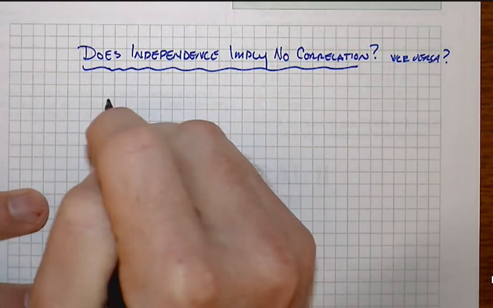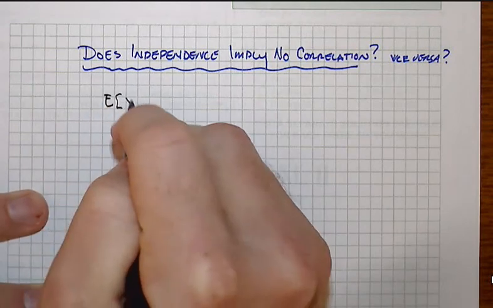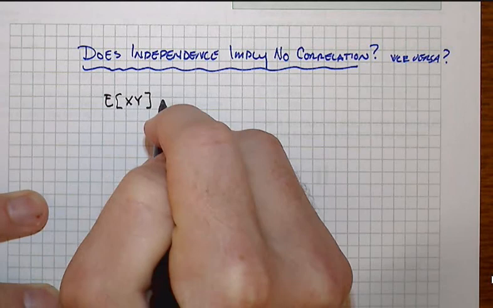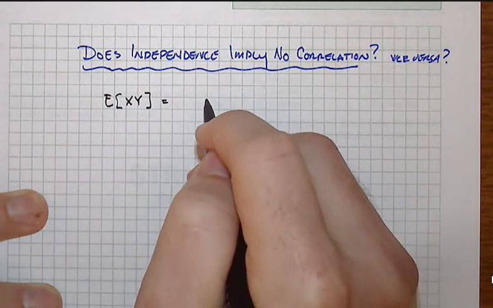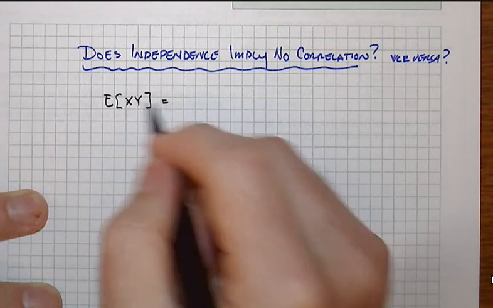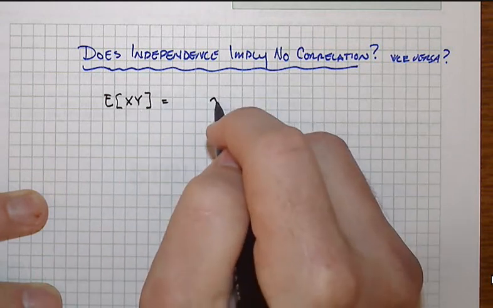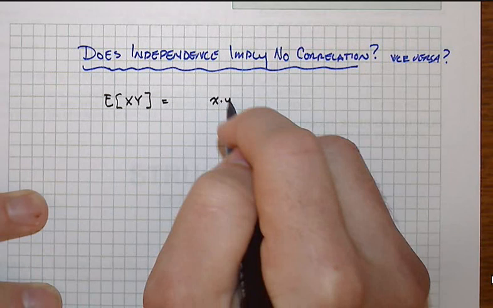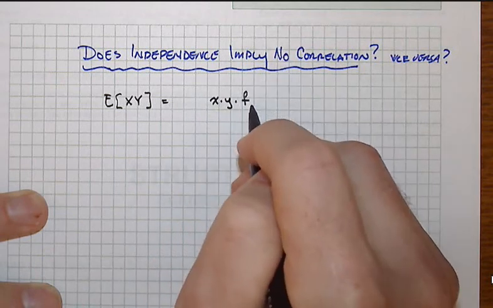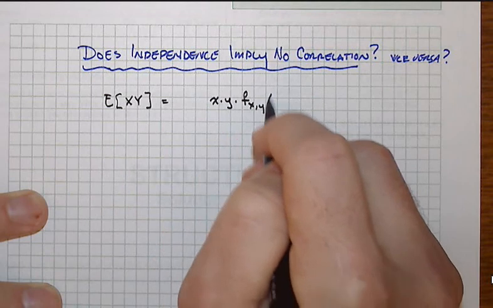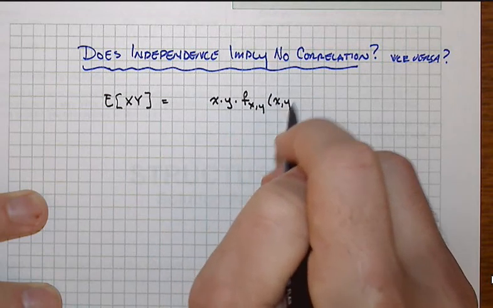Let's look at the expected value of X times Y again, and let's put that in the context of a continuous random variable. The expected value of X times Y is literally the value of X times the value of Y times the probability that they both take on that value.